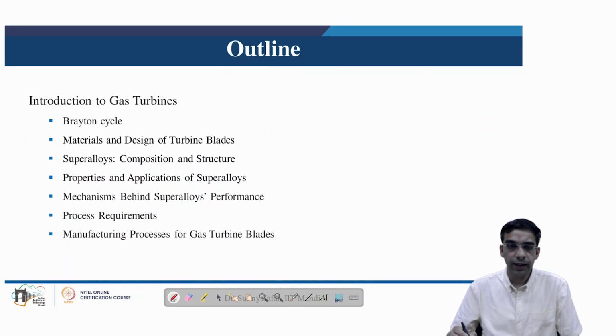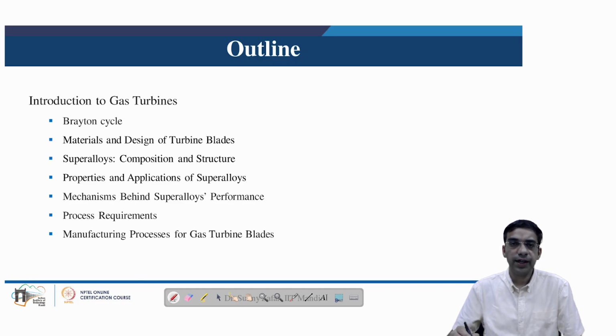This lesson 8 will cover the introduction to gas turbines with the following subtopics, which include the Brayton cycle, which is the thermodynamic cycle on which the gas turbines operate, and materials and design of turbine blades. We will look into superalloys, their composition and structure, properties and application of superalloys which are used to make the gas turbine blades.